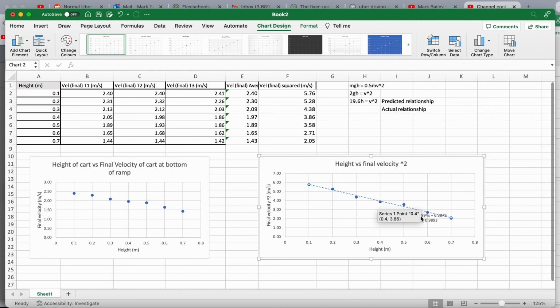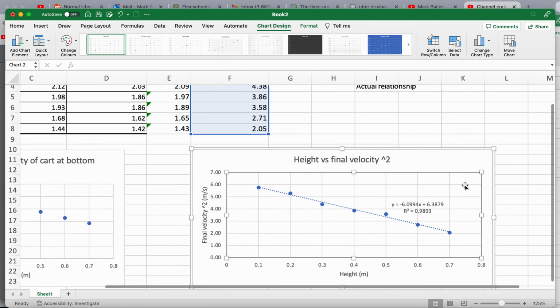So what does all this mean? Let's just put that over there.